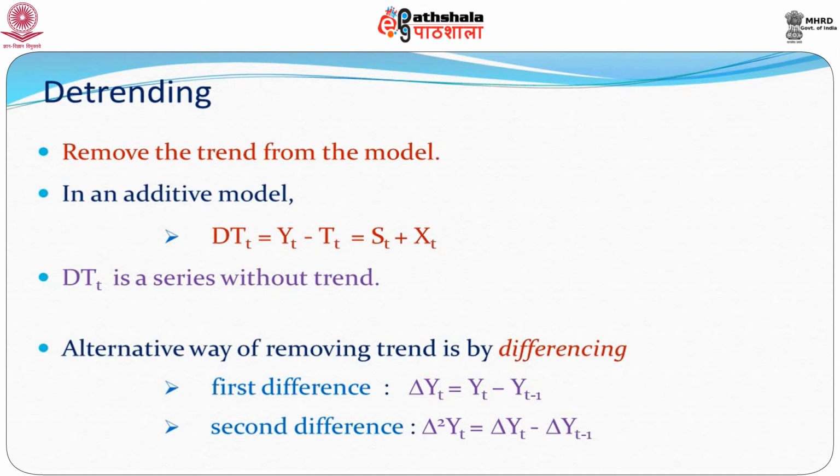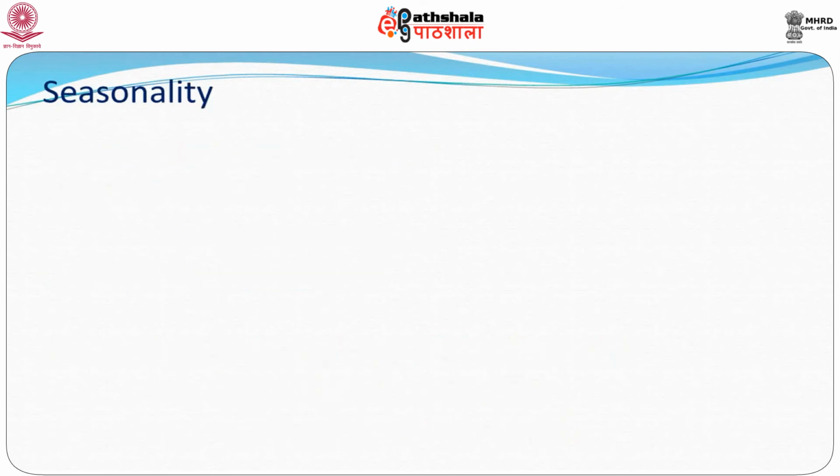Similarly, if you have a quadratic trend, the first difference would not do; the second difference would take out the quadratic trend. So, depending on the structure of the polynomial, if you have an mth degree polynomial, you need an mth degree difference to remove the trend part and get a detrended series.